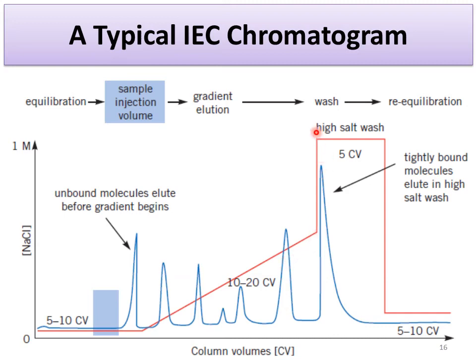Eventually, the salt concentration was increased to the highest level, in this case 1 molar. So the protein with the highest binding affinity would be removed from the column as well. All these proteins were collected in different collection tubes in the form of fractions, and therefore they could be separated from one another.